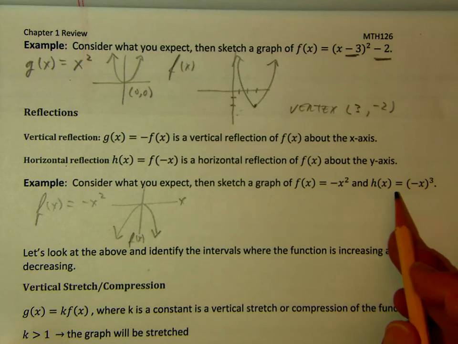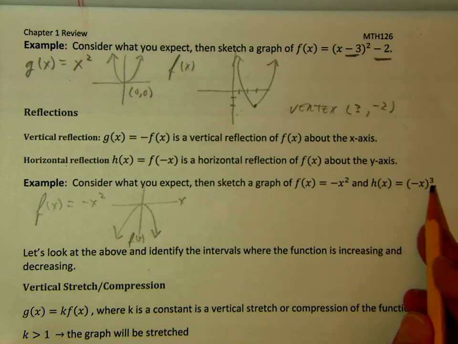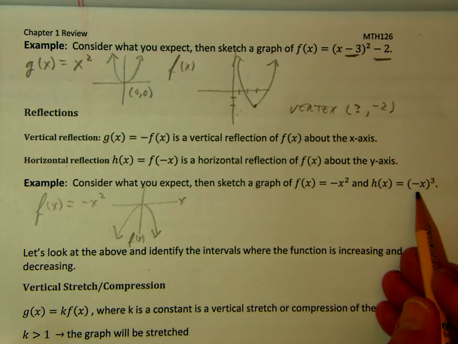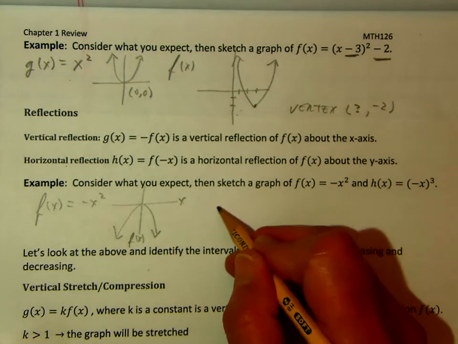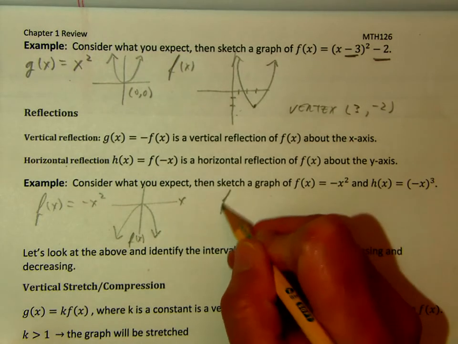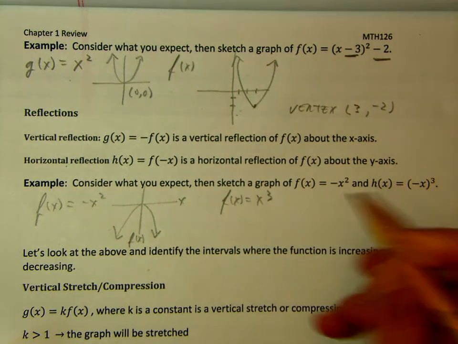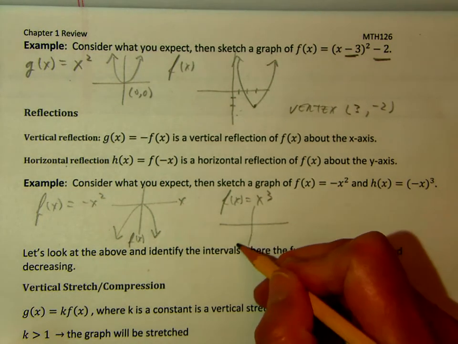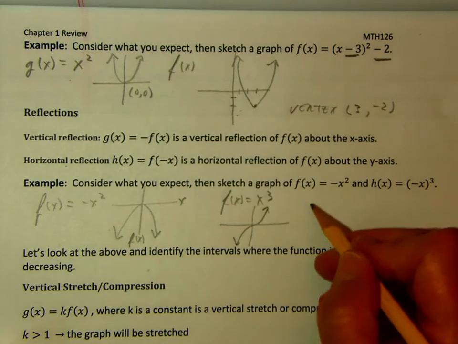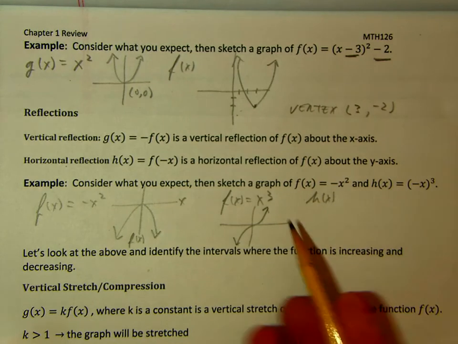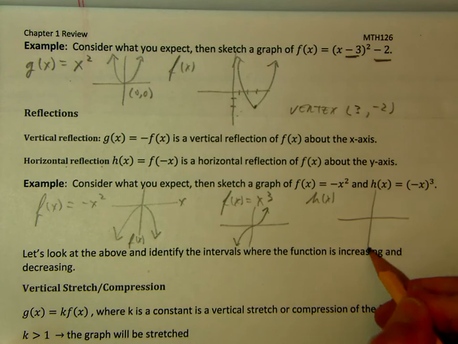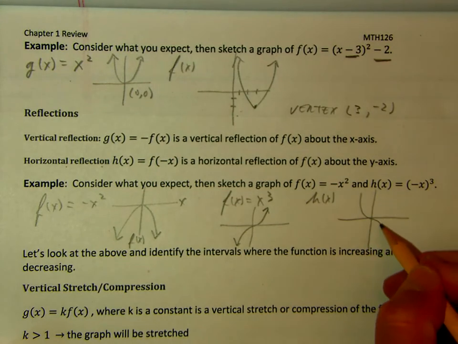H of x equals negative x cubed, I recognize is a transformation of the toolkit function x cubed, which looks something like this. So I expect h of x to be reflected in the y-axis to look something like this.